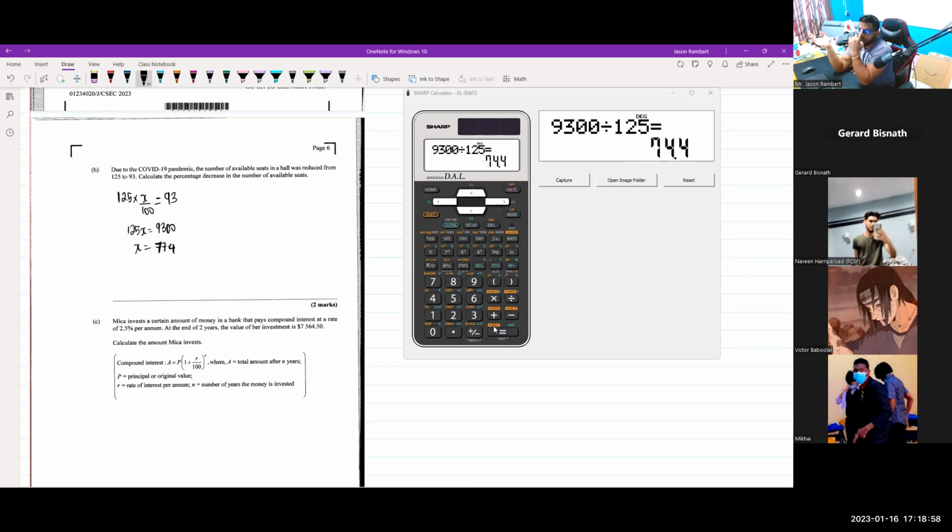So if I want to know by how much percentage the seats were decreased, just take it away from 100, we get 25.6%.